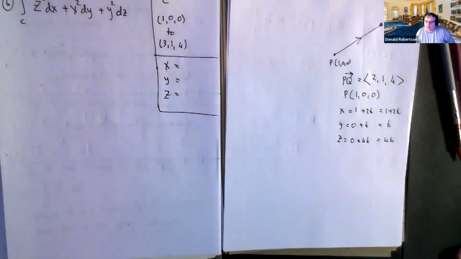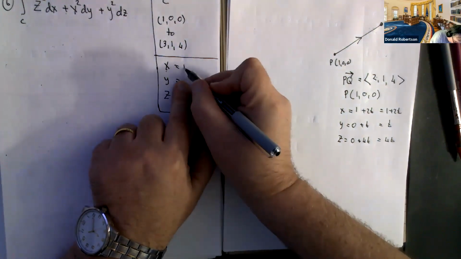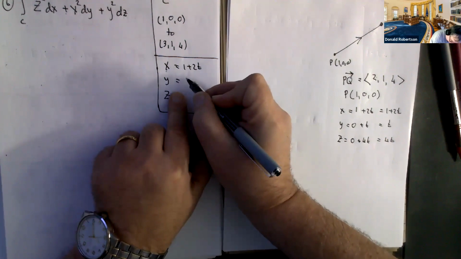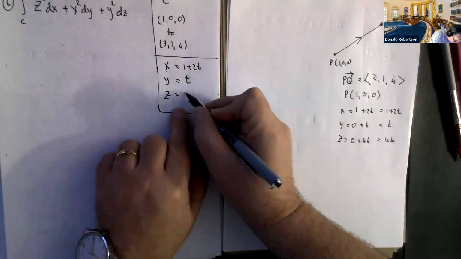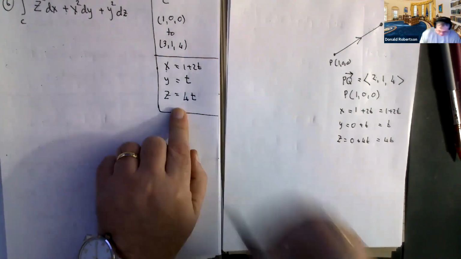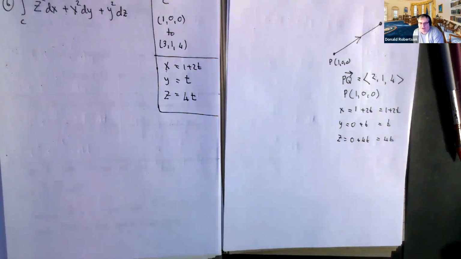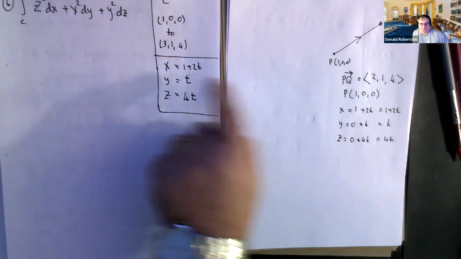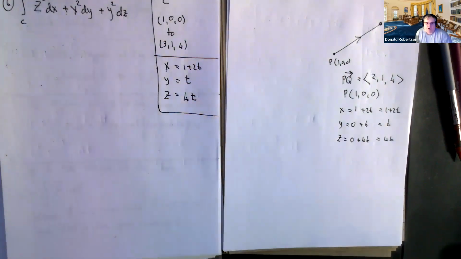There's the parametric equation of that line. So far, so good? So over here, 1 plus 2t. Over here is t. Over here is 4t. So here's a new skill set that we haven't used for ages. How to find the equation of a line joining 2 points in 3D space. There's its parametric equation. Not finished.